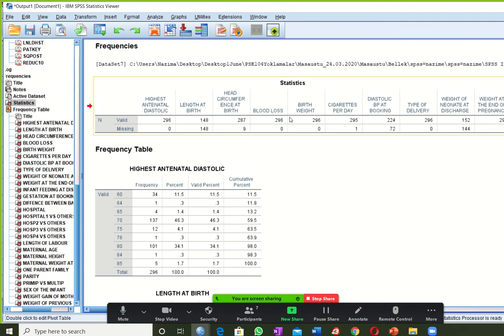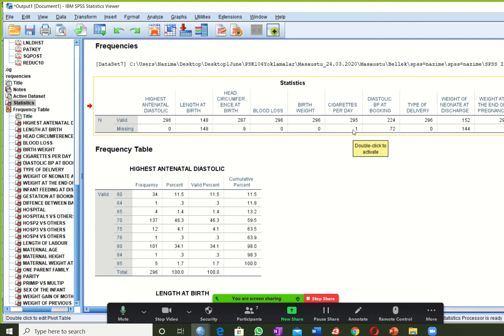Blood loss, so we have some information about this. 296 people give us information about the amount of blood loss during the birth. Here this is the birth weight, and this is cigarettes per day of the mom, how many cigarettes per day, and all the other information.